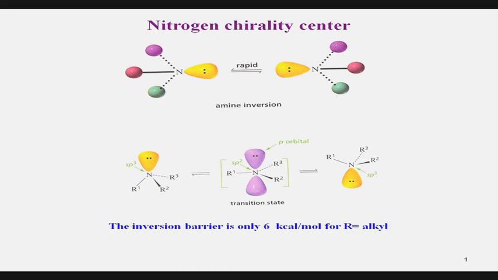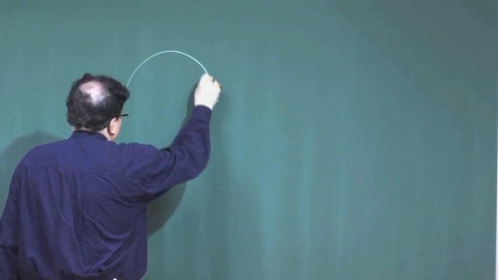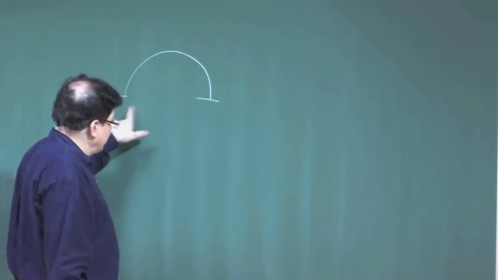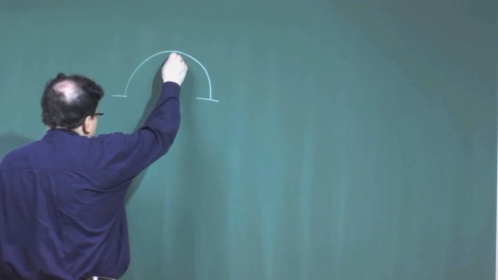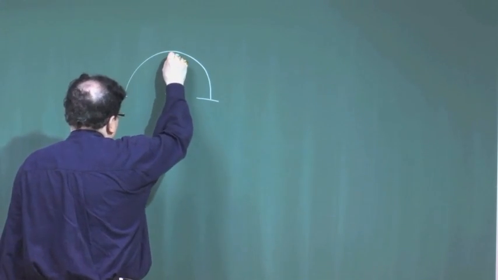The same inversion also happens in phosphorus. In nitrogen, this inversion has a very low barrier. For any process, you know that there is a barrier involved. Now, in this case, these are enantiomers, so they will have the same energy, but there will be a barrier to this inversion process.